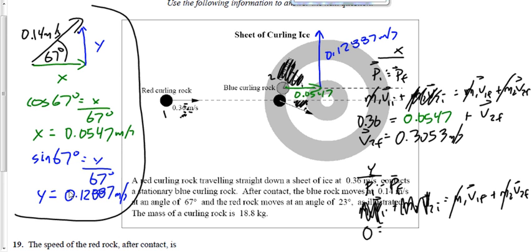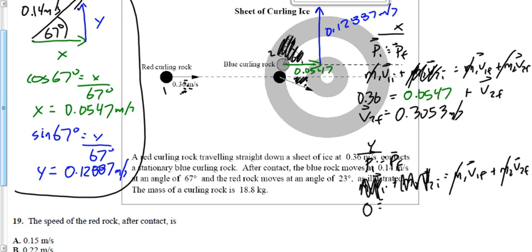What's V1F? Okay, object number 1. I think I got V1F and V2F mixed up here, didn't I? Yeah, I think I did. Not a huge deal. V1F is what I'm looking for.